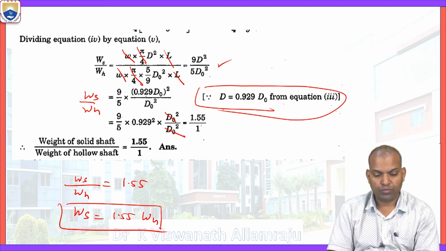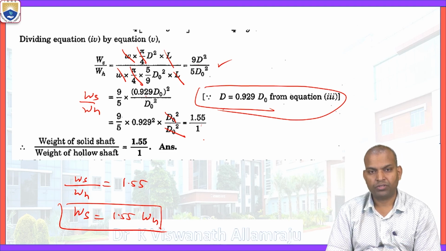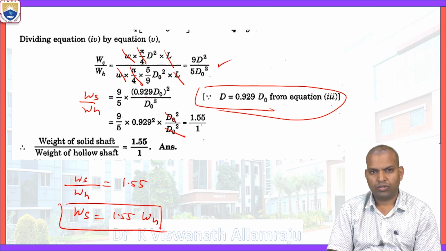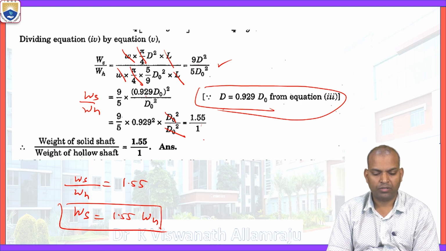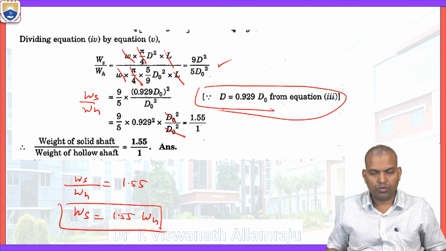And finally, we solved what is the weight ratio of the solid to hollow. Based on the maximum torque equations, we found the ratio of the weight of the solid shaft to weight of hollow shaft, that is 1.55. Okay, this is a very important model of this problem.